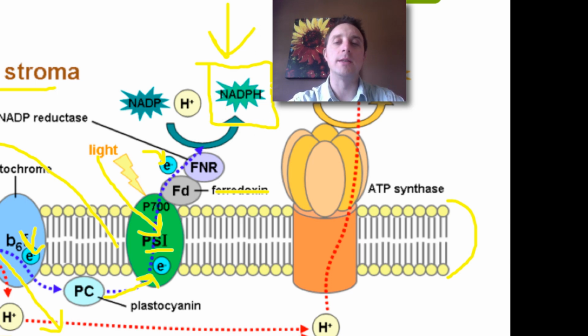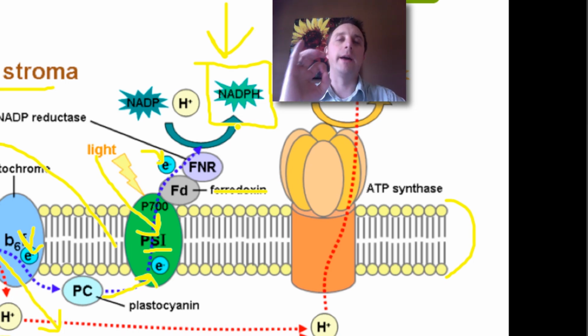This molecule is a high energy electron carrier, and it is going to carry that electron in this high energy state into the next set of reactions. This is one of the 2 high energy molecules that are the products of the light reaction.